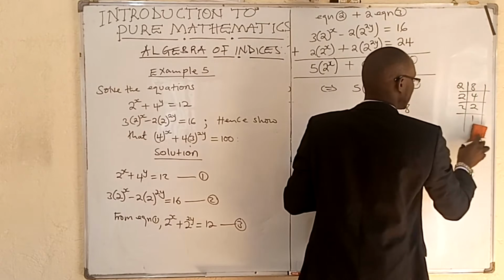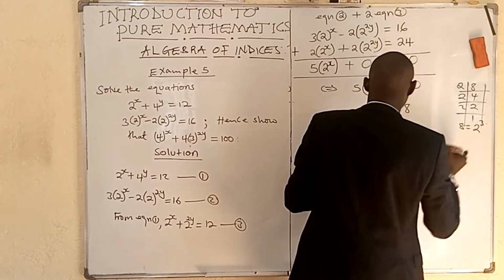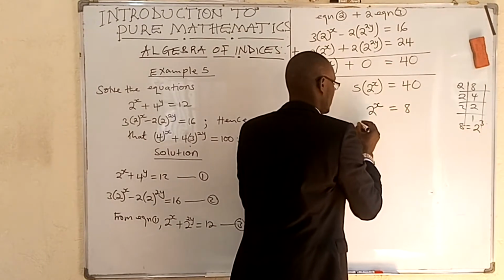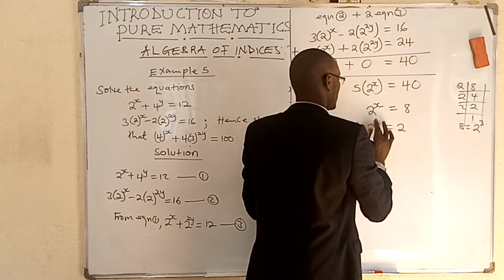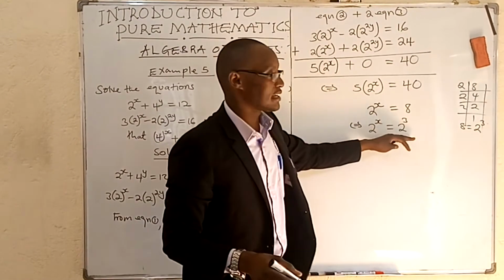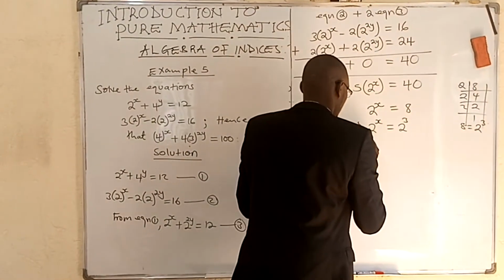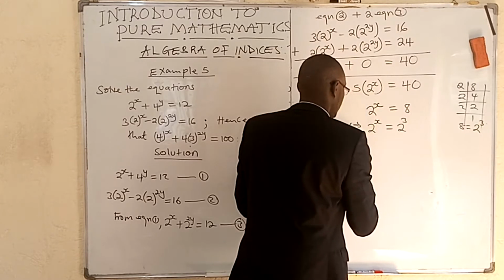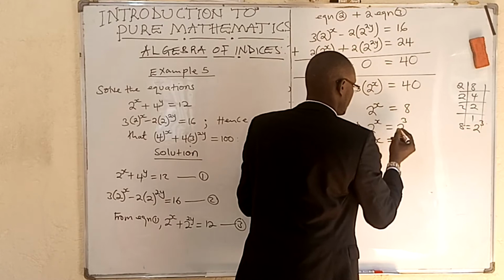So we are seeing that 8 is the same as 2 power 3. So we can say this implies that 2 power x is equal to 2 power 3. Since the bases are the same, automatically the powers have to be the same. So therefore, this implies that x is equal to 3.